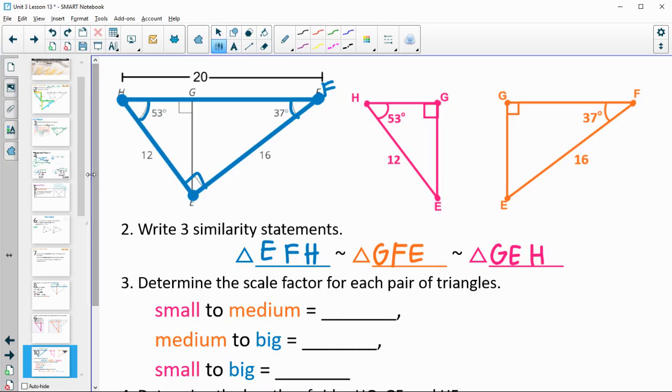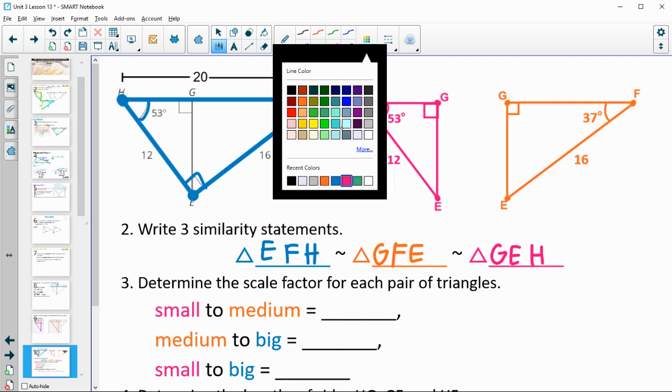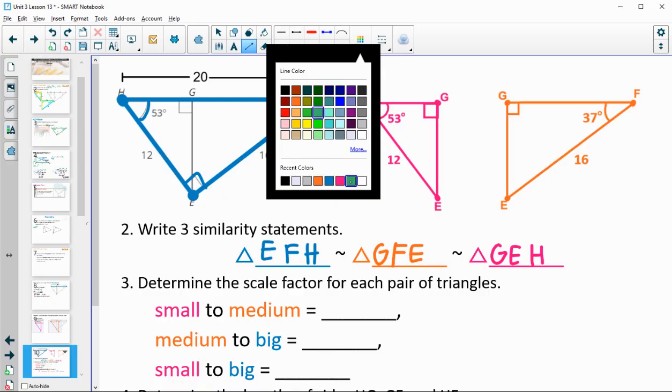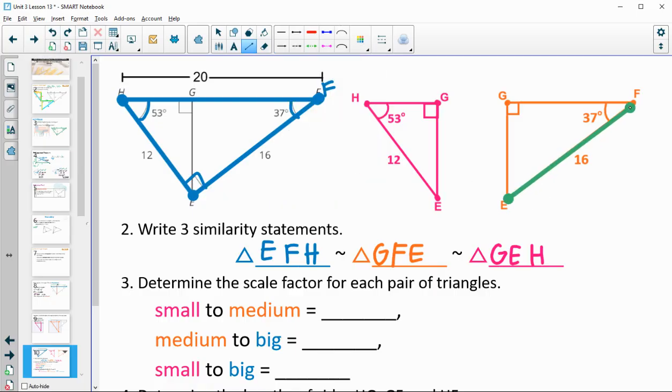Number 3 then asks you to figure out the scale factor. So remember, scale factor, we need to have similar parts or corresponding parts to compare. So when we look here in the pink and the orange triangle, the segment that they give us is the hypotenuse. And so we would like to compare the hypotenuse in all of these diagrams.